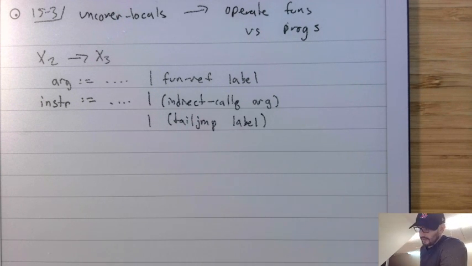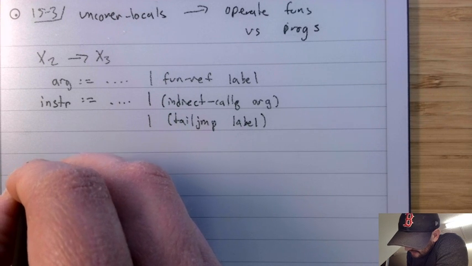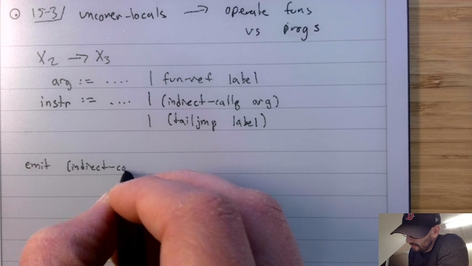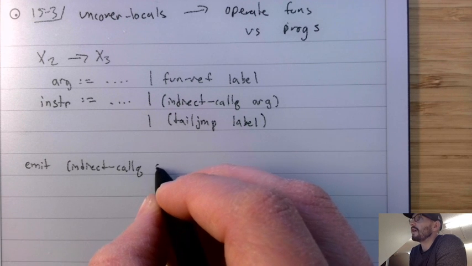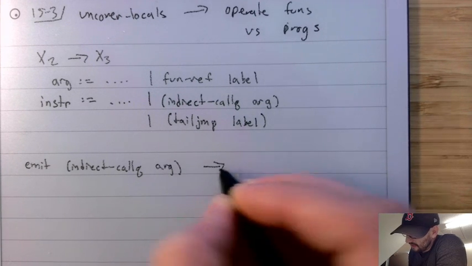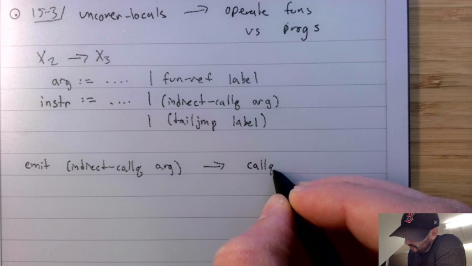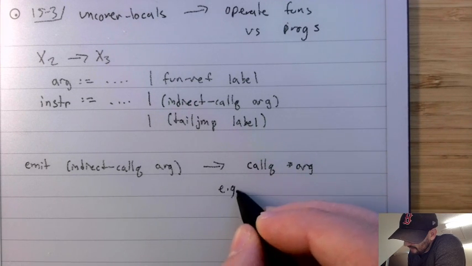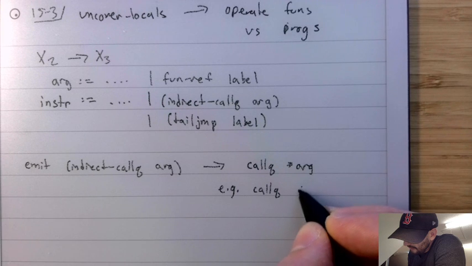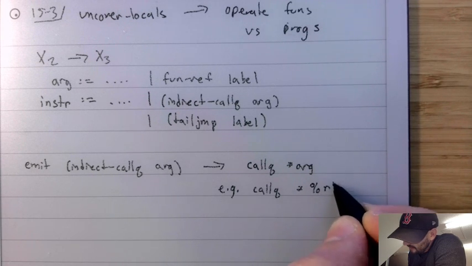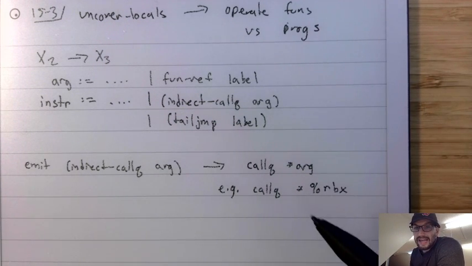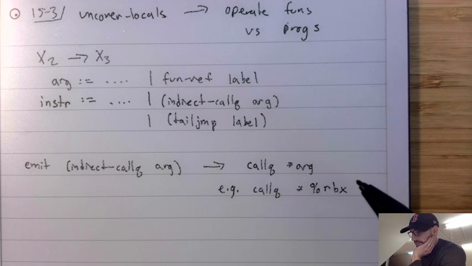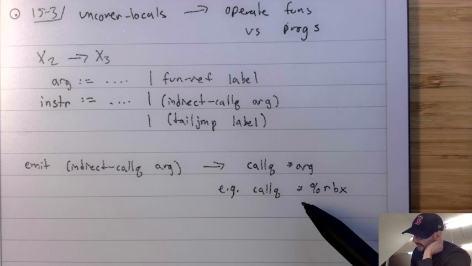How do we compile each one of these, or how do we emit them? When you emit an indirect callq of some argument, that turns into callq star of the argument. So for instance, it might look like callq star of %RBX, if this argument ends up being installed in a register.